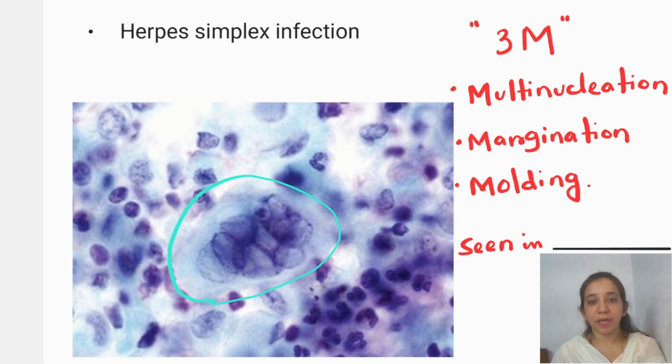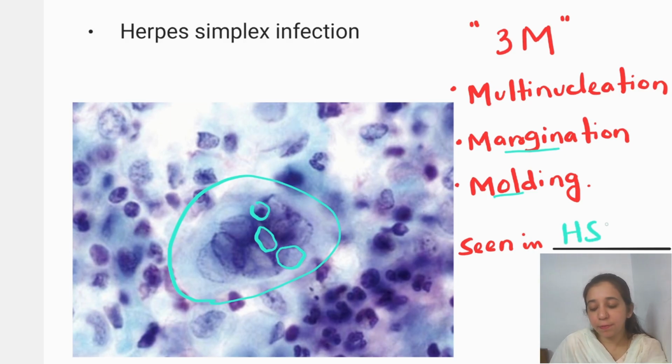Multinucleation means there are multiple nuclei. Margination means all the margins of the cells are well demarcated. You can see the margins are well prominent. And molding means all the cells are trying to fit into each other. So this one is seen in herpes simplex virus infection.